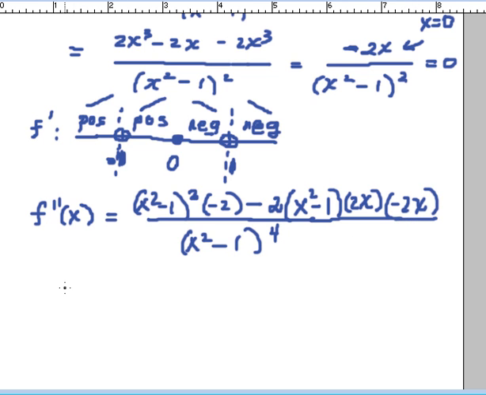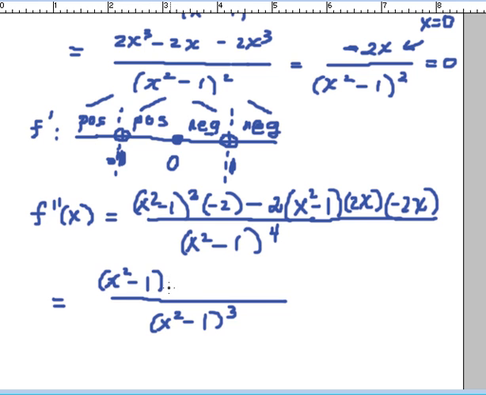Now whenever we take the second derivative of a rational function, we can always cancel from numerator to denominator one factor that's in the denominator. So x squared minus 1 can be canceled. All right, so let's do that. So here in the denominator we have x squared minus 1 cubed, and here we have x squared minus 1 times minus 2.